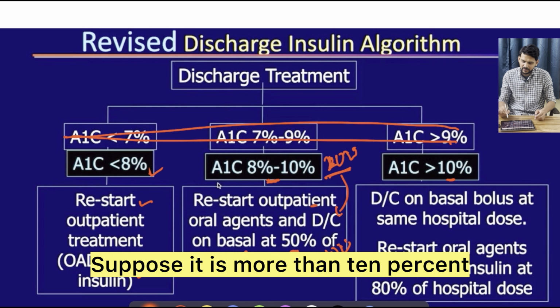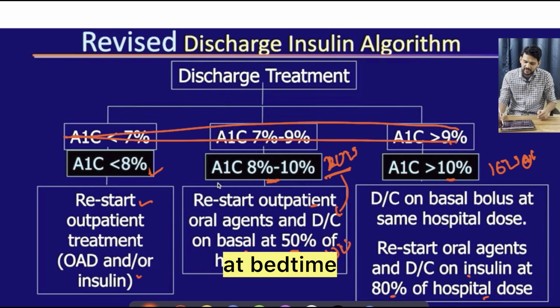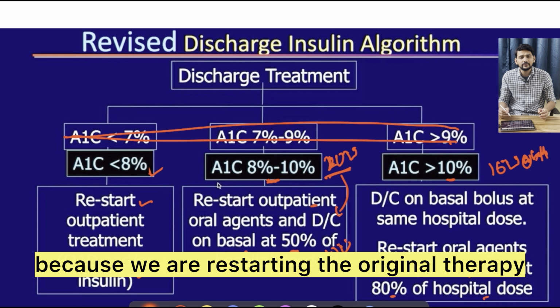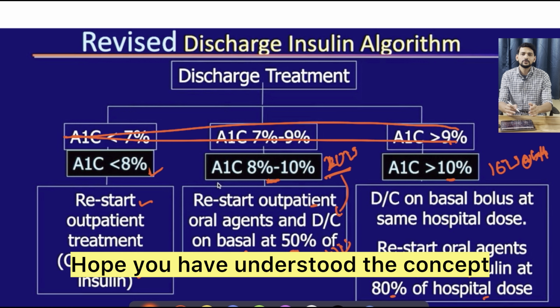Suppose it is more than 10%, here discharge insulin dosage should be approximately 80% of hospital dose. Again, for this individual, it will be approximately 16 units at bedtime. Why we are reducing the dose during discharge is because we are restarting the original therapy which the patient was taking before admission. Hope you have understood the concept.